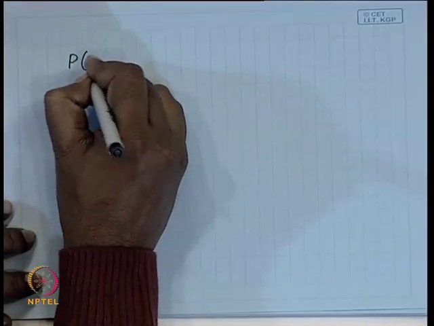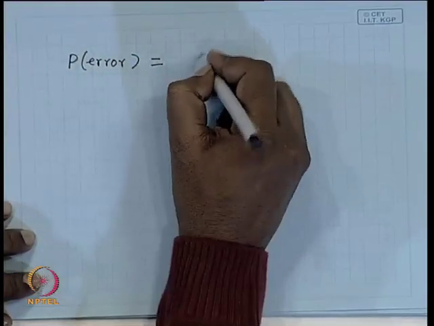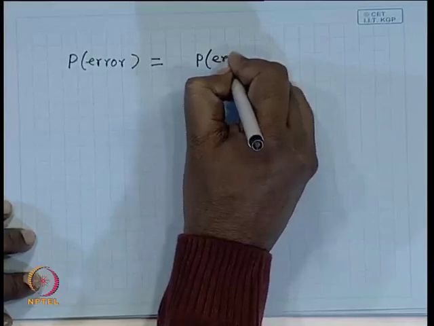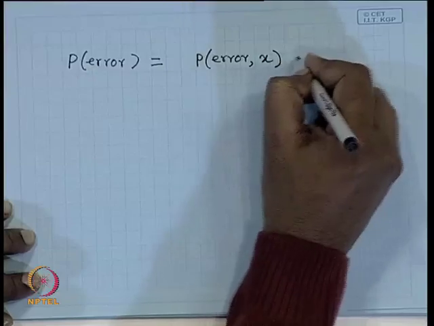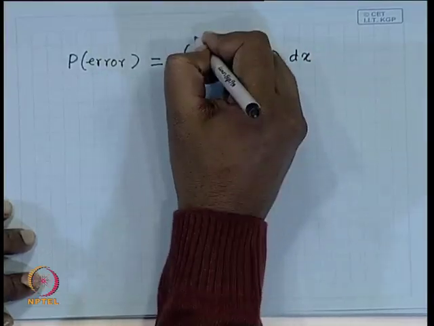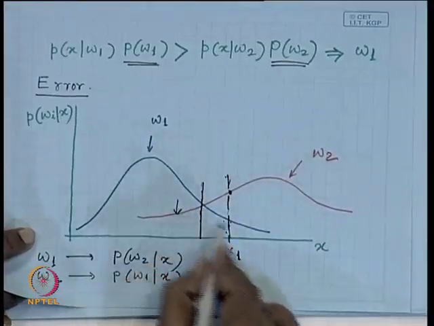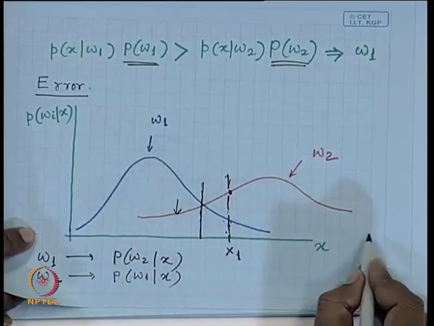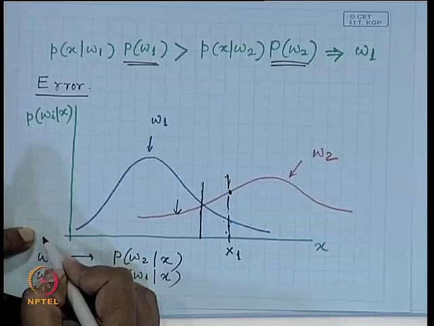That is the probability of error, P error, which is nothing but the joint probability P error for a particular x into dx, where I have to take the integral from minus infinity to plus infinity, because over here you find that asymptotically the error value extends up to plus infinity on the positive side, and up to minus infinity on the negative side.